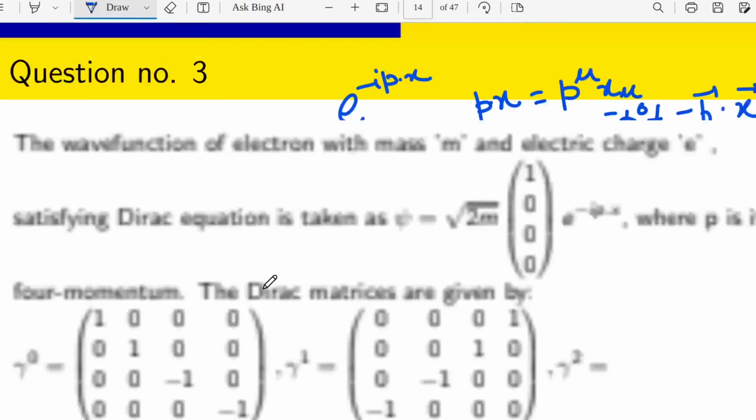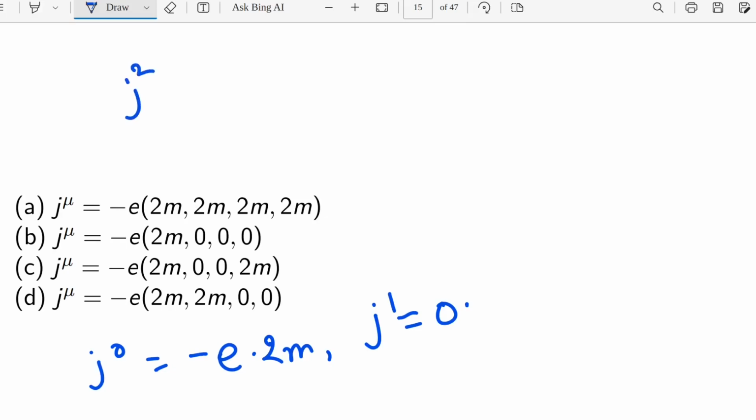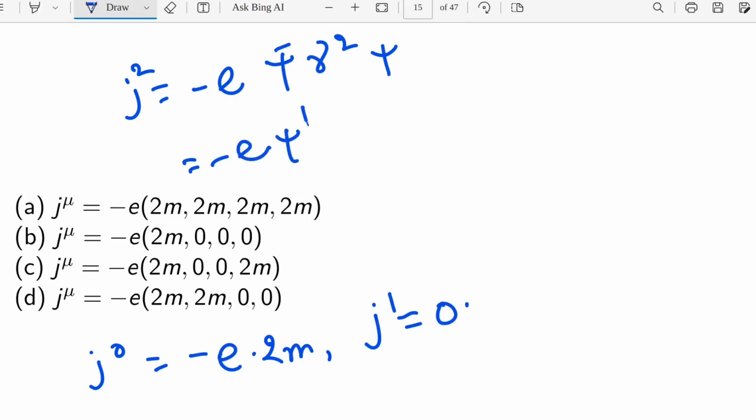Similarly, till now what we did was minus e into 2m, then J1 is 0. Now what about J2 and J3? I'm just going to write here a little bit. J2 is what? Minus e psi bar gamma 2 psi. So minus e psi dagger gamma 0 gamma 2 psi.